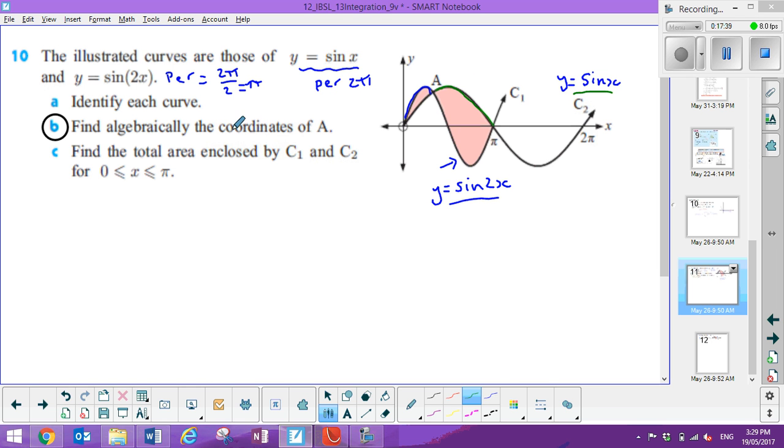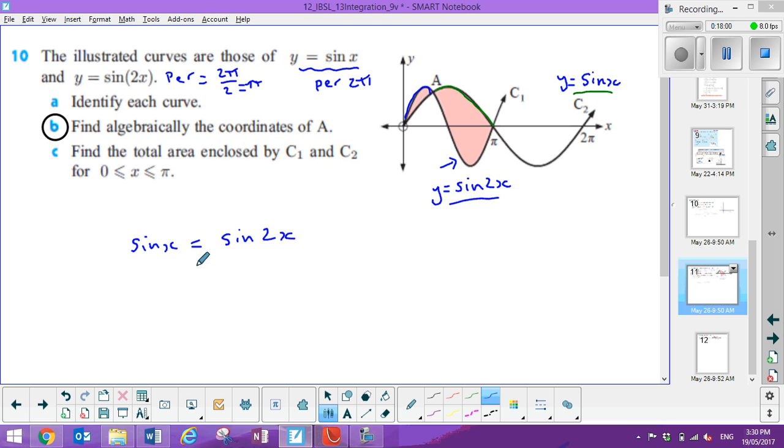But obviously your first job is to find out those points of intersection. So you're going to need to solve sine x equal to sine of 2x. Hopefully that doesn't frighten you because you're finished doing all your trig.